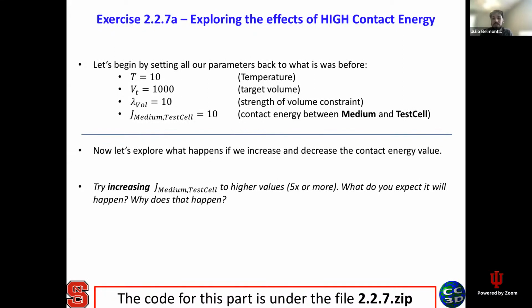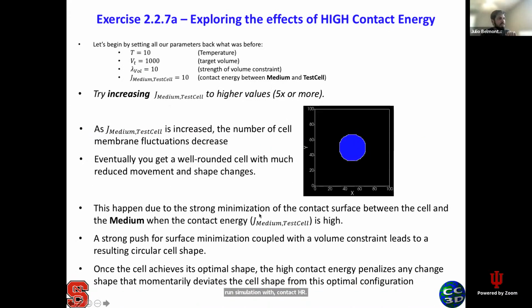Oh, very small acceptance of flips. Why is that? Exactly, that's exactly what you should get. So please run simulation with contact energy of 50. If you run that, the shape of the cell will be very round.